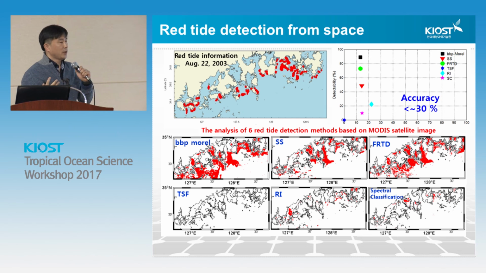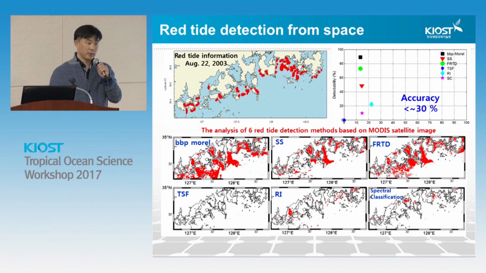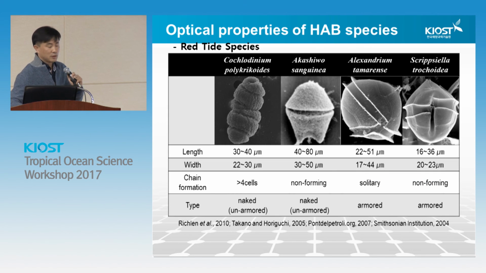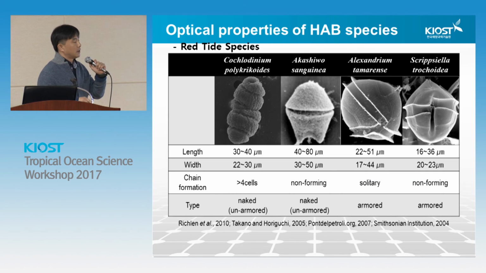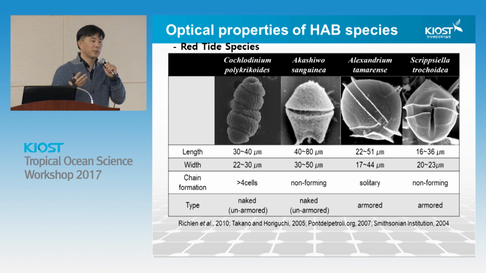So our goal is to develop an algorithm based on the optical property of the red tide bloom, mainly Cochlodinium polykrikoides. We cultured popular red tide species in Korean waters: Cochlodinium, Akashiwo, Alexandrium, and Scrippsiella are popular red tide species that we cultured in the laboratory.